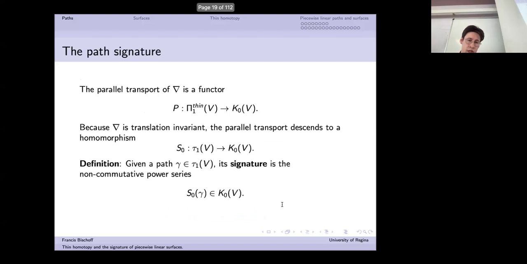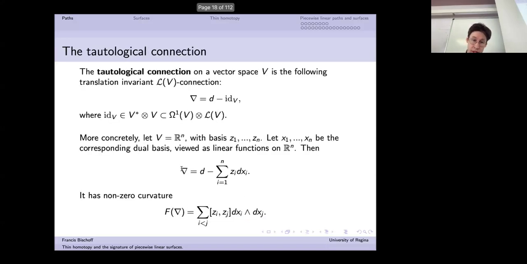Now you can take the parallel transport of this connection, and that gives you a functor from this thin fundamental groupoid to this group of non-commutative power series, K0V. One thing to notice is that this connection is translation invariant. So if you have a path and you translate it, it won't change the holonomy.